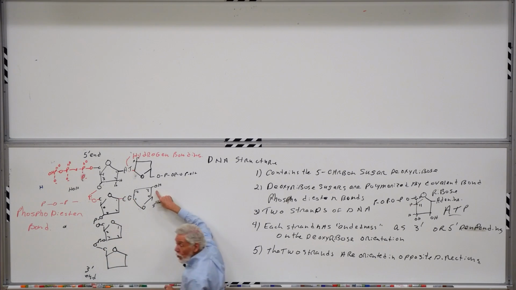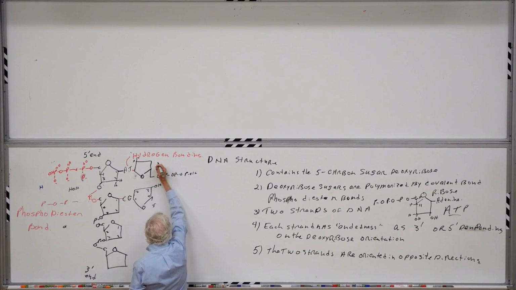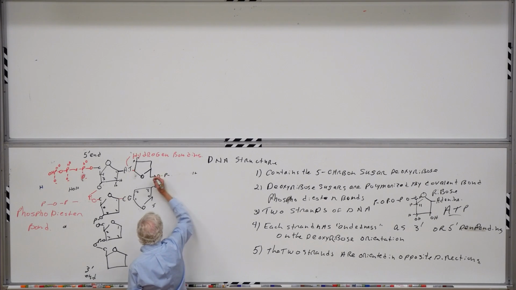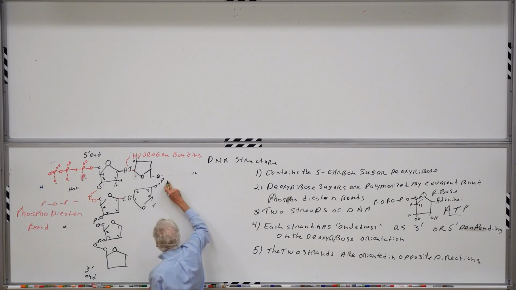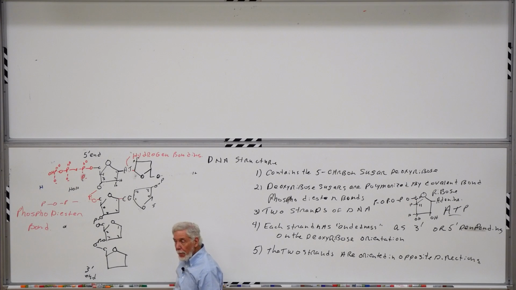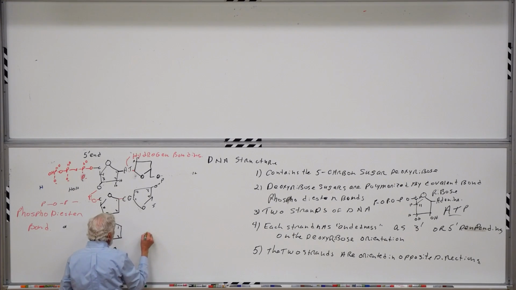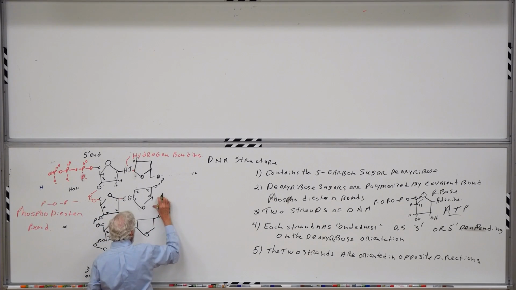But now we're again going to use the hydroxyl on number 3 carbon. And again, just as we showed on the other side, we're now going to form this O-P-O bond, a phosphodiester bond linking the number 5 carbon to the number 3 carbon. We can continue this story on with the number 1 carbon here, the bases, and a base, and an O-P-O linkage to the number 5 carbon.